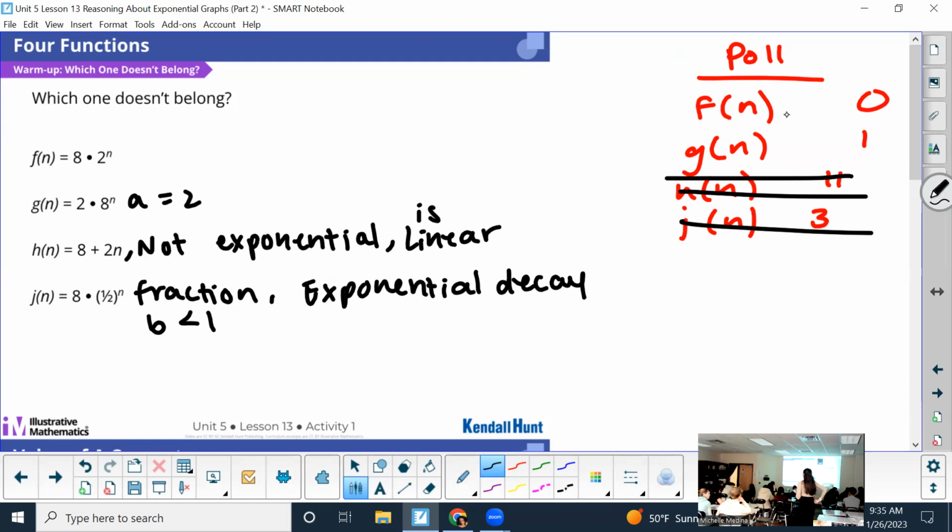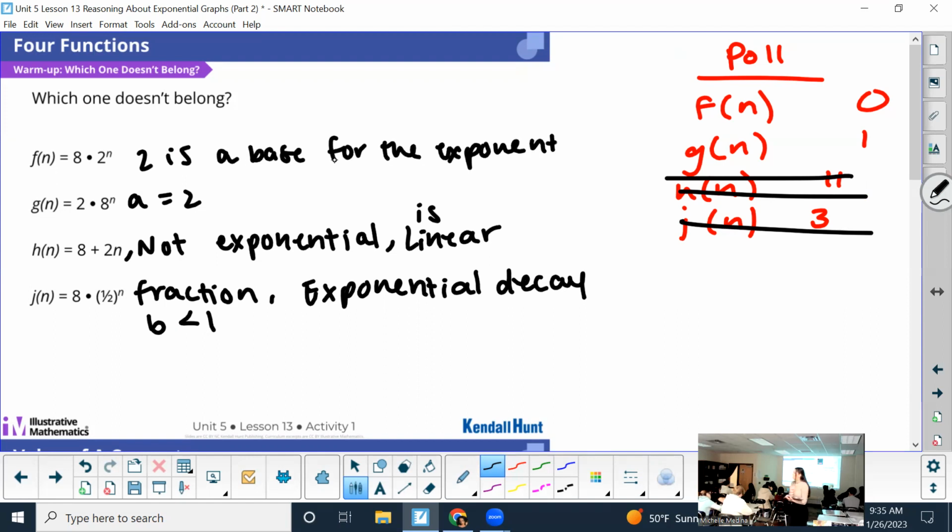Why could it not belong? Landon? Because it is the only one where 2 is a base for the exponent.